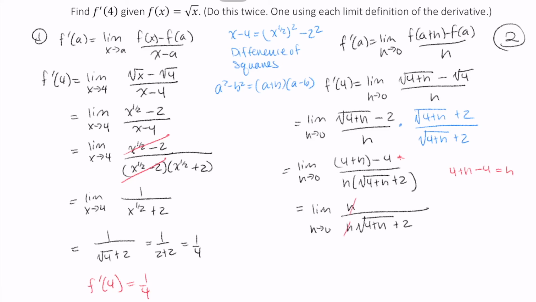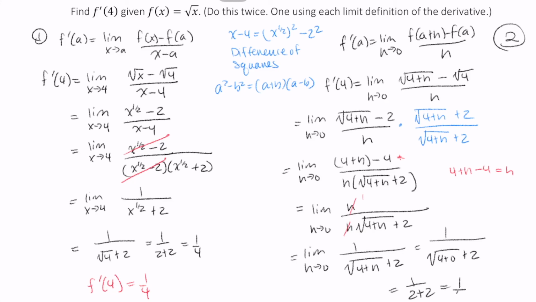H divided by h is just 1. So I have the limit as h approaches 0 of 1 over the square root of 4 plus h plus 2. Now I can go ahead and apply direct substitution to get the square root of 4 plus 0 plus 2, which clearly is just going to give us 1 over 2 plus 2, or 1 over 4.